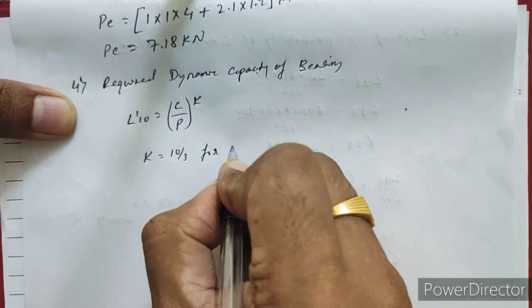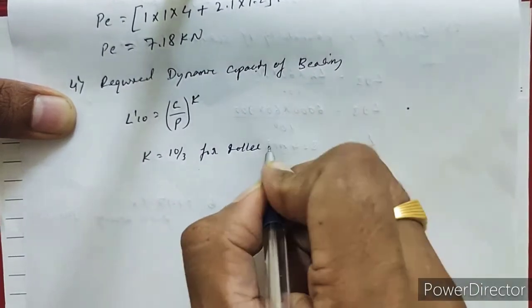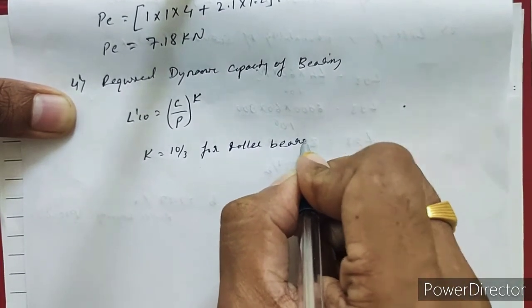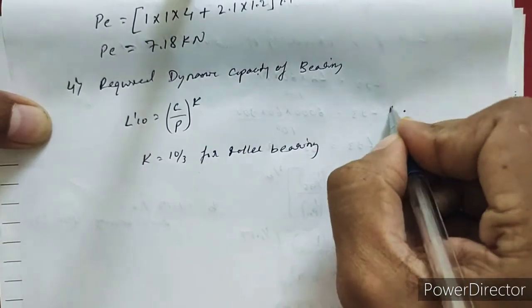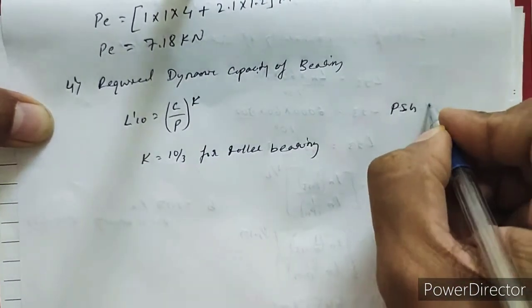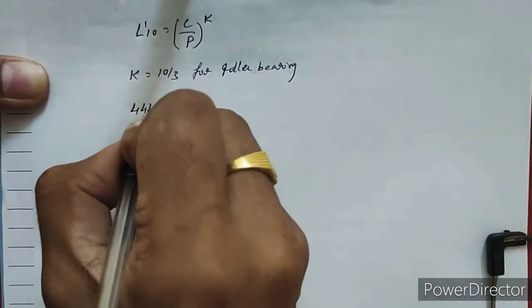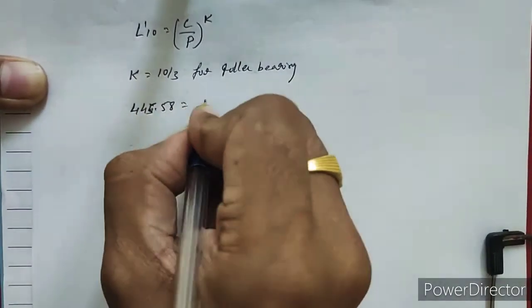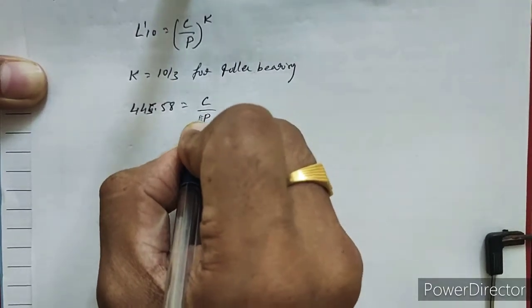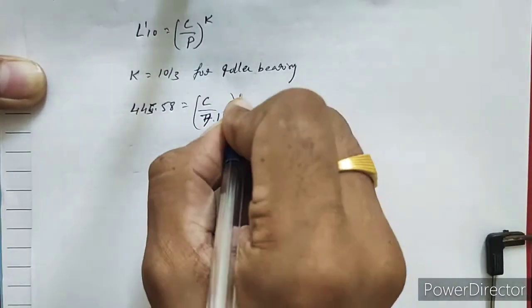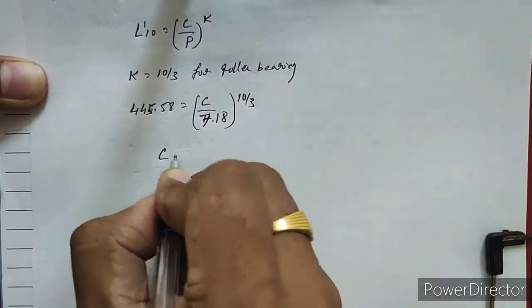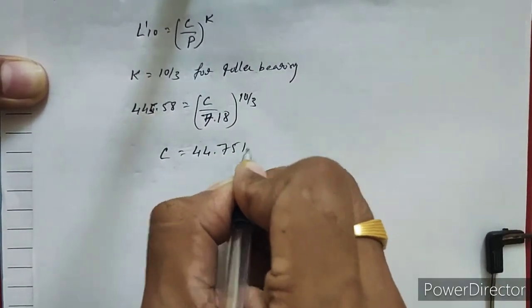Here k is 10 by 3 for roller bearing. Substituting the values, L10 is 445.58, so C into P is 7.18 and 10 by 3 gives 44.75 kilonewton.